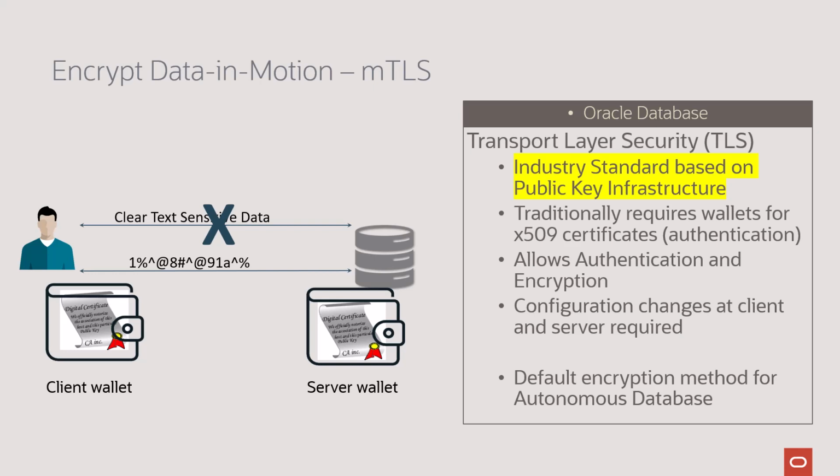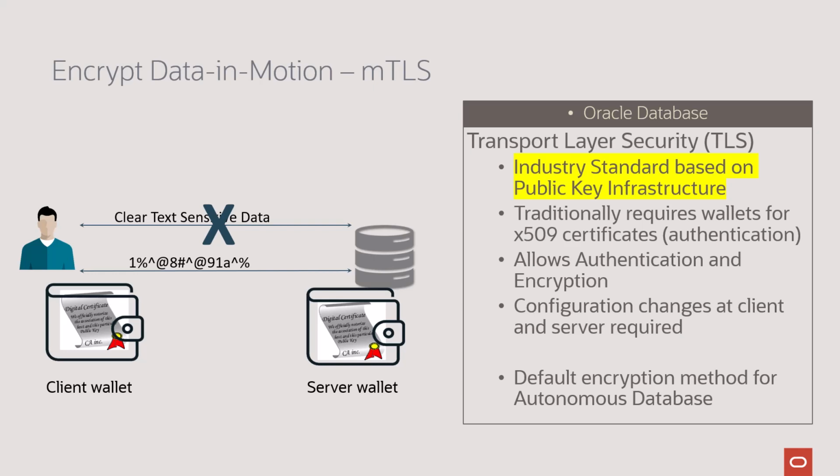This TLS solution is also the default for some of the database services when they are hosted in the Oracle Cloud Infrastructure, and that's, for instance, what is used by Autonomous Database.